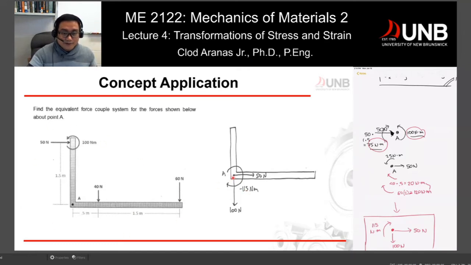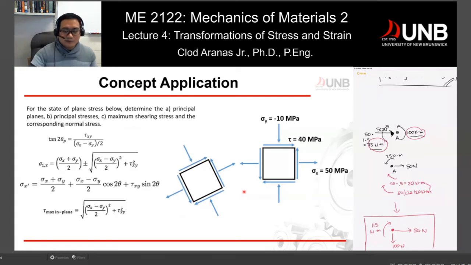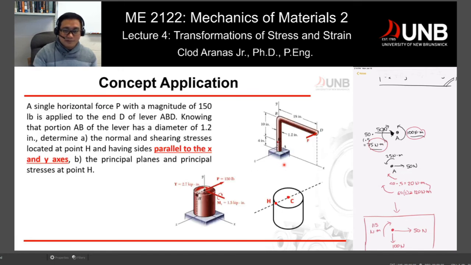So you can have a force along X, for example, 50 newtons, along Y, 100 newtons, and then you have 115 in terms of moment. And why do I need to determine the moment? Because initially, we are just talking about normal stresses, shear stresses. So why do I have a moment there? Your moment, most of the time, can also produce either normal or shear stresses, which we are going to talk about in this problem.